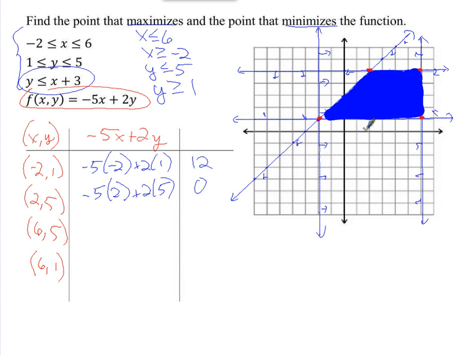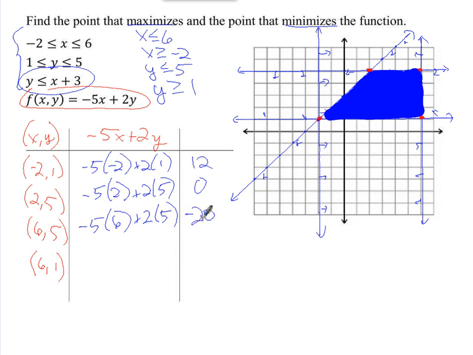I'm going to tell you to never assume that. You can't tell from the picture which one is going to be a maximum, which one's going to be a minimum. A lot of times, it'll be the exact opposite of what you're thinking of. And a lot of the other times, it will be completely different than any of those. So don't assume anything. Keep going. We have -5 times 6 plus 2 times 5. What do we get?